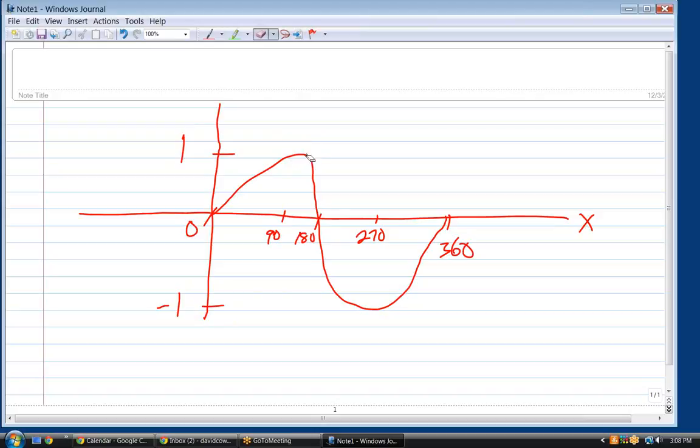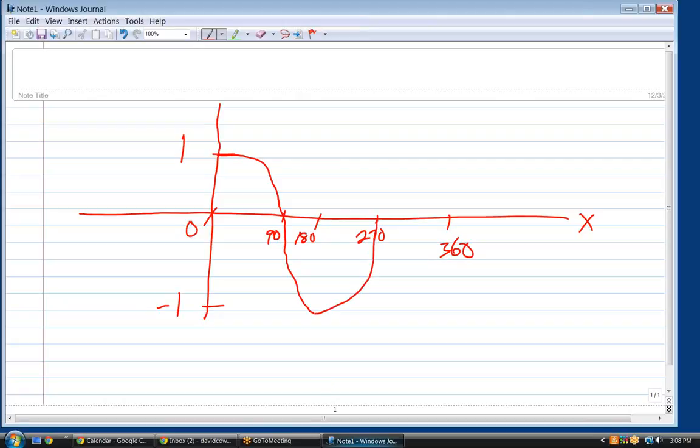And the only difference in the cosine curve is it starts at 1, goes down through the x-axis at that quarter point, hits its minimum at that quarter point, comes back through the x-axis at that quarter point, and finishes where it started there.